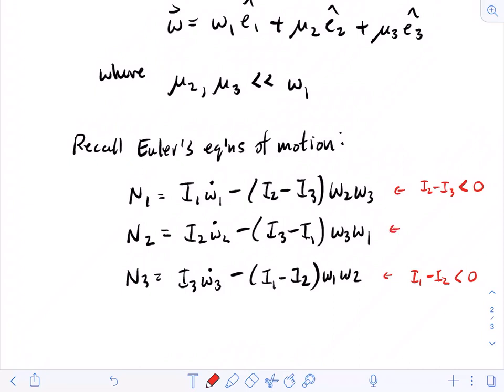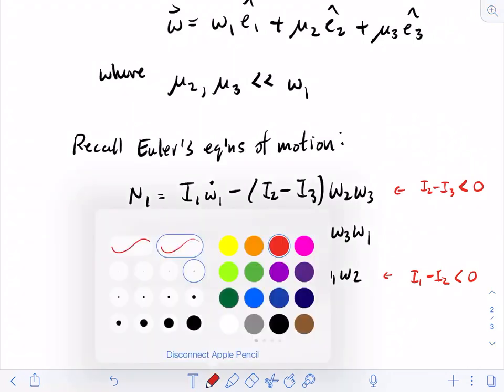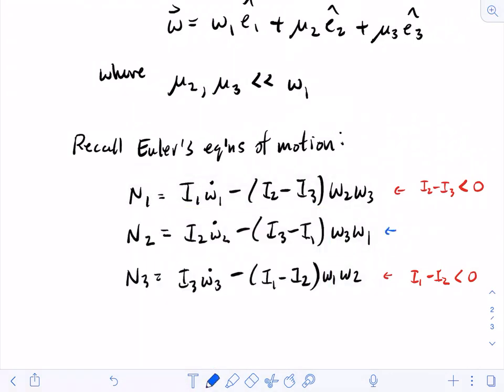On the other hand, in the second equation we have I3 minus I1. So in the N1 and N3 cases, the difference of rotational inertia was a smaller one subtracted by a bigger one. In the N2 case, it's the larger inertia subtracted by a smaller one, and so this is going to be positive. That's going to be really important as we go through and finish this analysis, but let's make that emphasis right now.